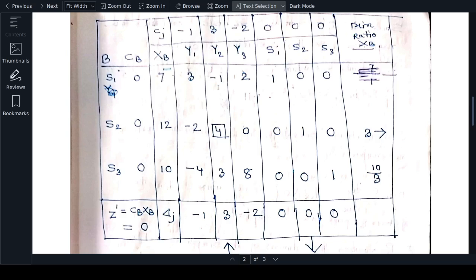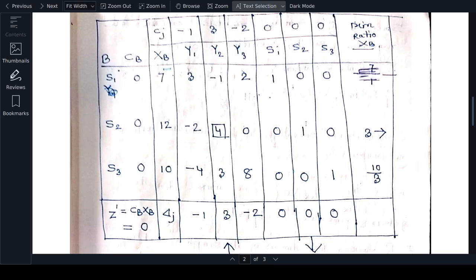You see, our incoming vector is called the key column. Our incoming vector is -1, 4, 3. We calculate 7. So the corresponding element of 7 is -1. So 7 minus -1 into what? 12. Into 12, divided by 4. Why consider 12?